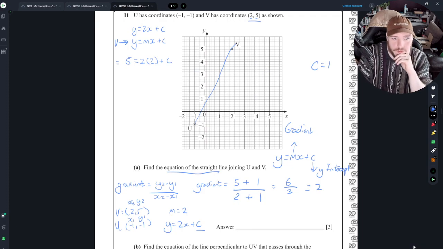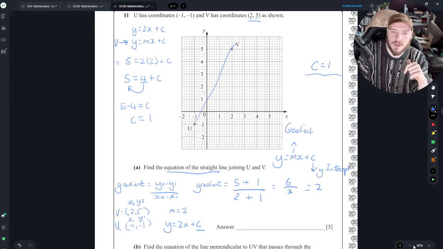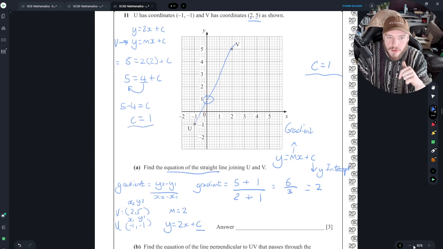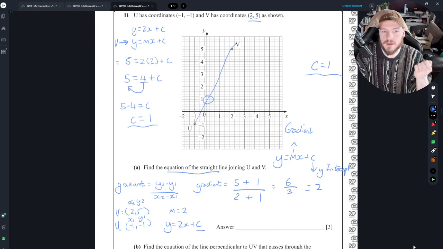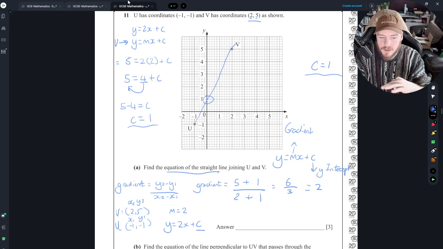So 5 is equal to 4 plus c. We take our 4 over, it becomes negative. 5 minus 4 is equal to c. C is equal to 1. Now, you can either get it visually from the graph where it cuts the y-intercept, or you can work it out by putting a point on the line into your y equals mx plus c equation, so long as you have found your m.